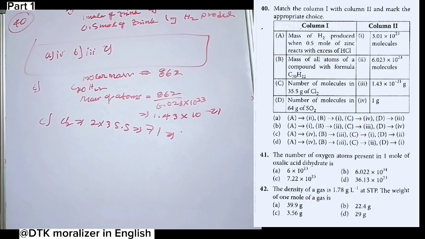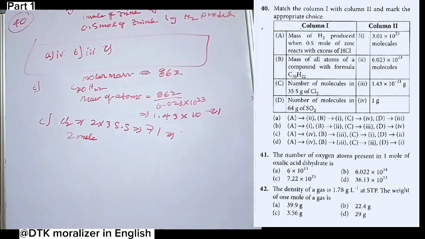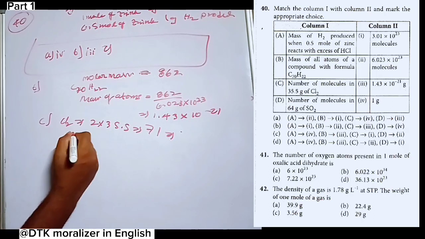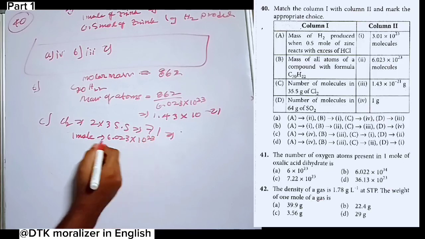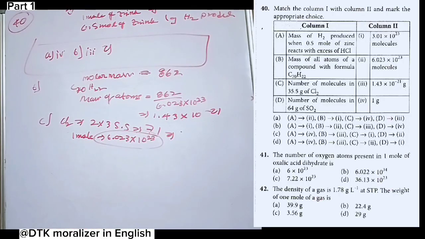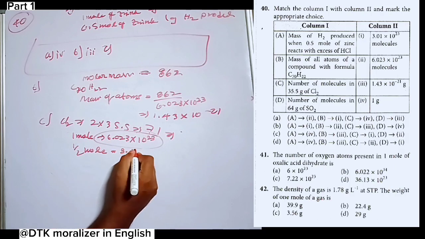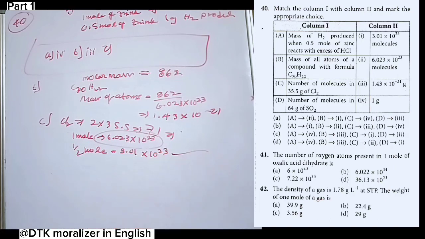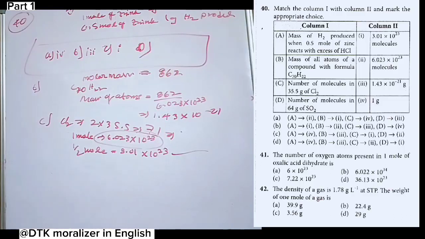So here for B it is option 3. Now for C, here for Cl2 the molecular weight is 71, which is equal to 1 mole. 1 mole of Cl2 contains Na molecules.